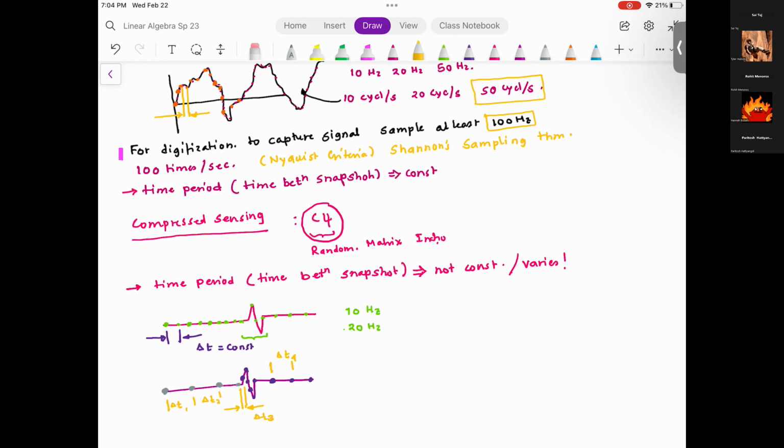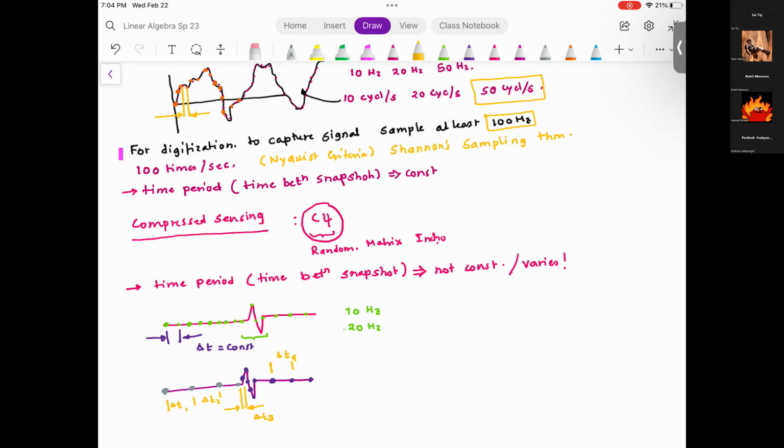And again, we are going to look at some very particular examples of compressed sensing. We will look at the compressed sensing application to something called signal reconstruction.